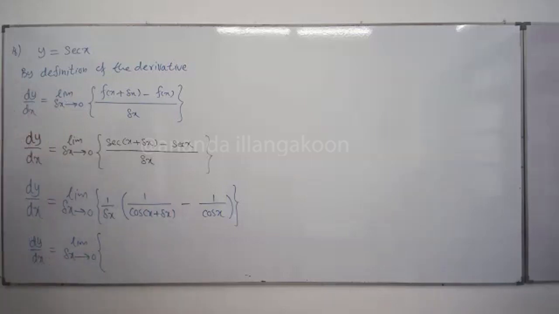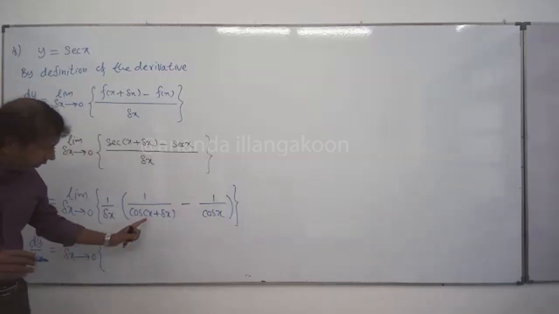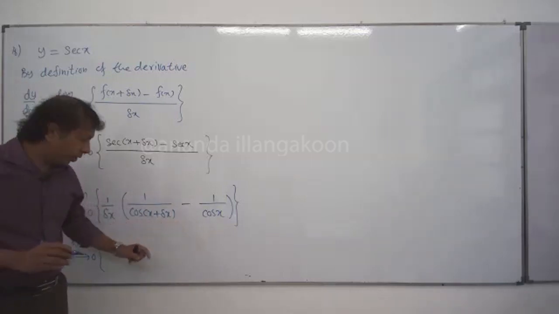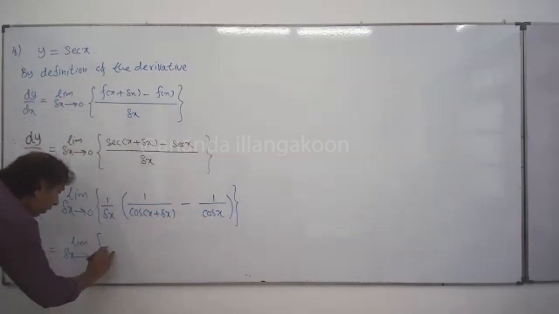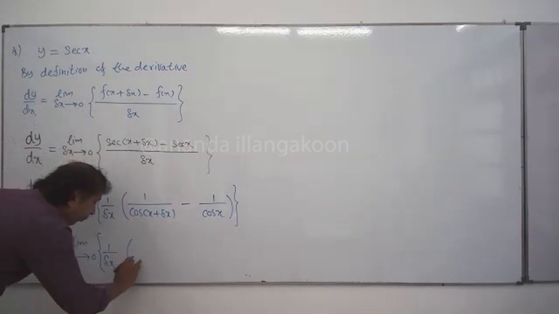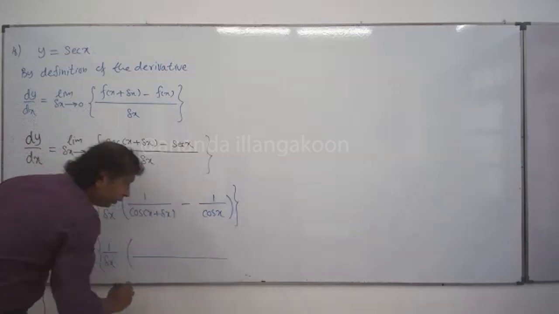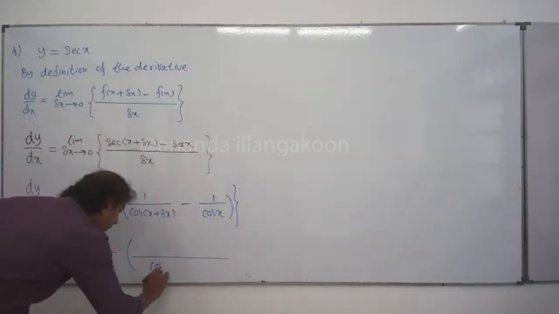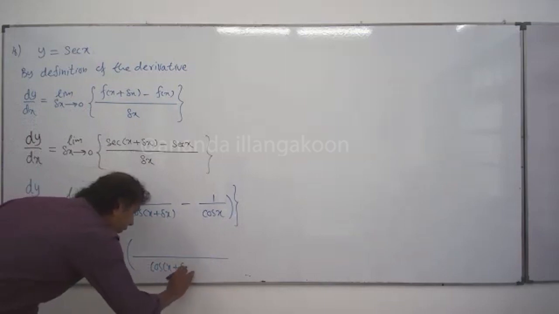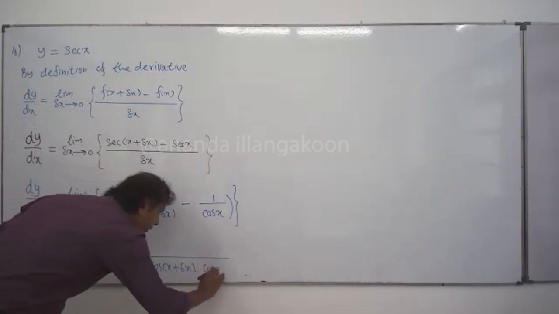Now what we do here, people, again we take the product of these two as a common denominator. Then here 1 over delta x is coming. This is cos(x plus delta x) into cos x.